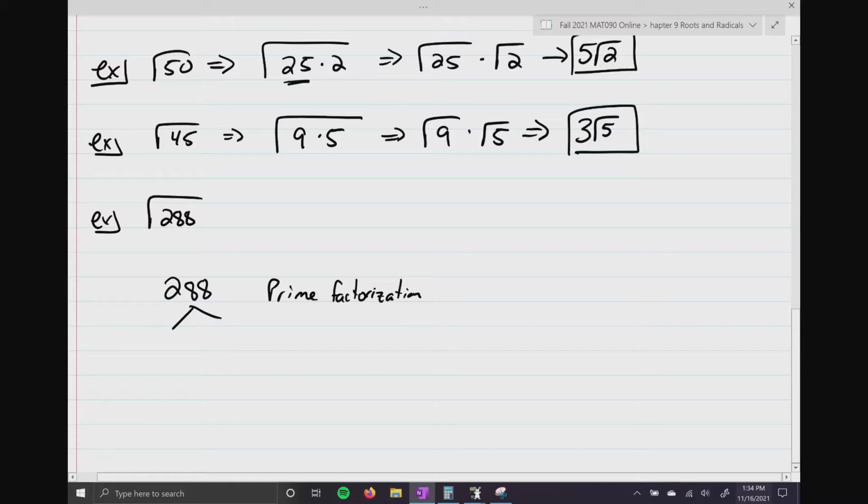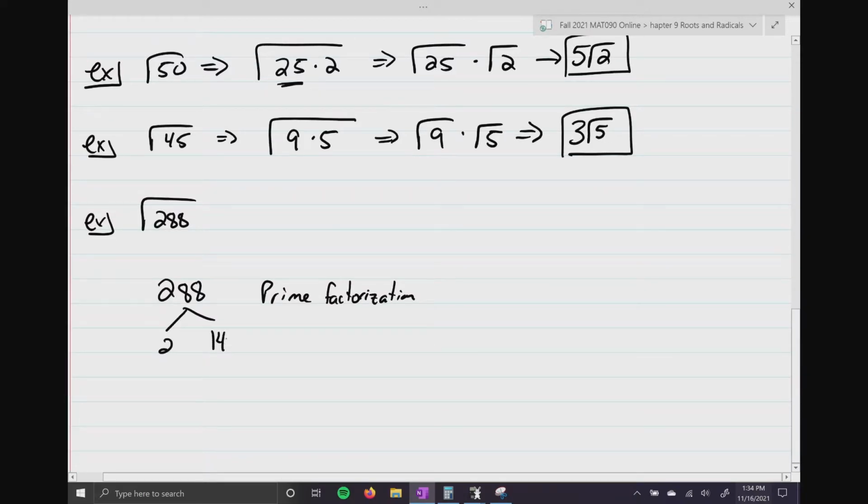All right? So I'm interested in two numbers that multiply to give me 288. So I think the easiest two are going to be 2 and 144. Now, I can stop right here. I know 2 is a prime number, and I know 144 is one of those beautiful perfect square numbers. So I can separate them.